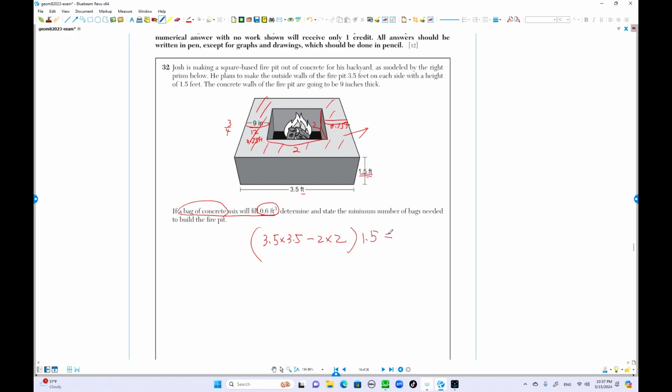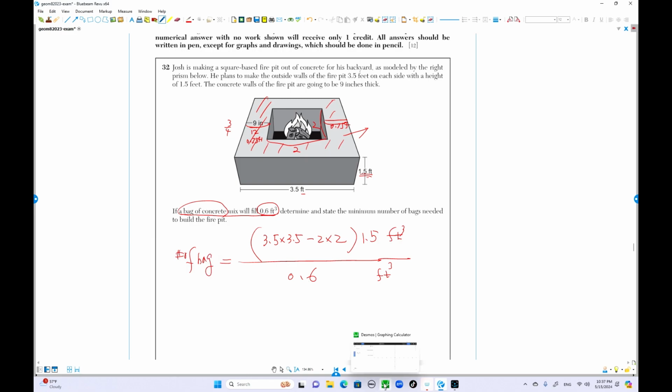That is the volume in cubic feet. After that, one bag covers 0.6 cubic feet. You divide by 0.6. That is the number of bags of concrete.